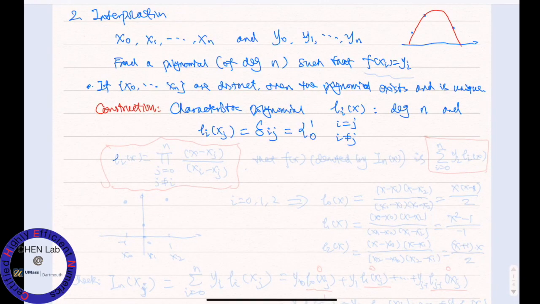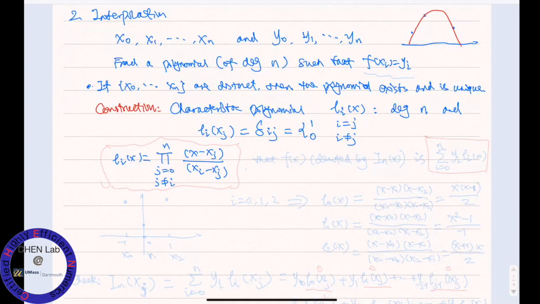How do we do that? The Li of x here uses a notation for multiplying things together, which again I will give you an example of soon. So j is from 0 to n, j is not equal to i, of (x minus xj) divided by (xi minus xj).